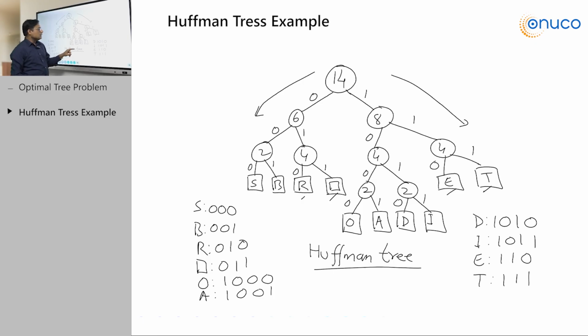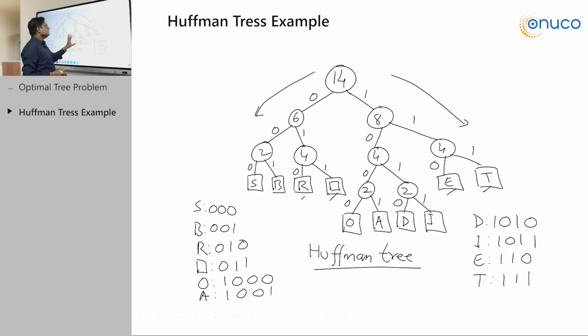One more thing we can observe: a value far from the root node has 4 binary bits. A value with more frequency has fewer bits, and a value with lesser frequency has more bits in binary form.